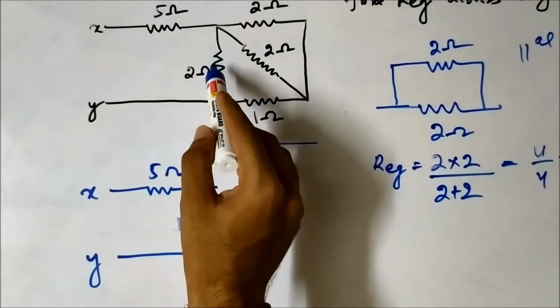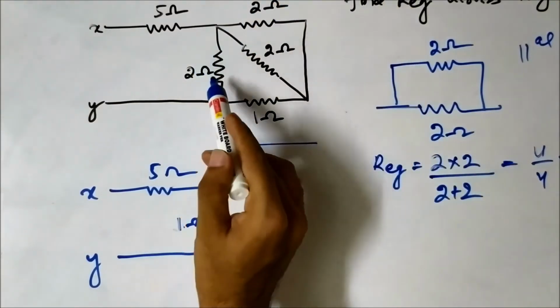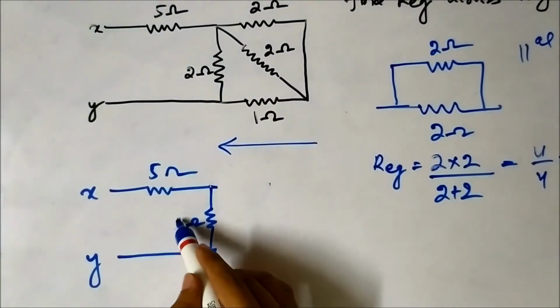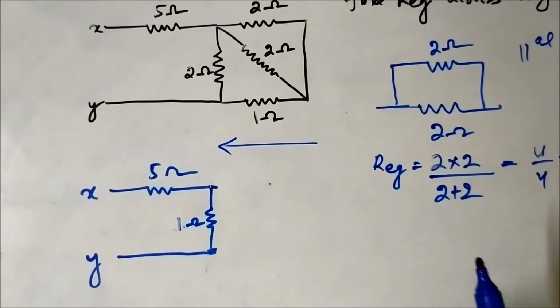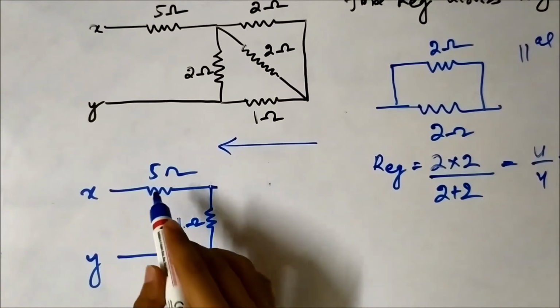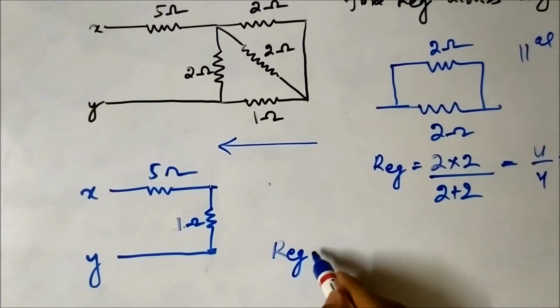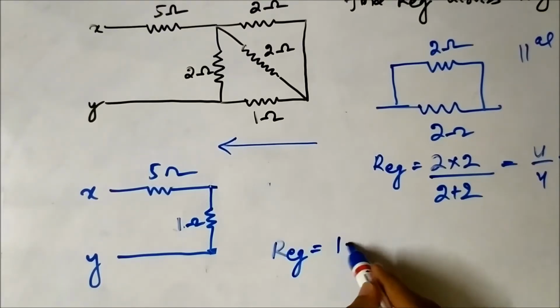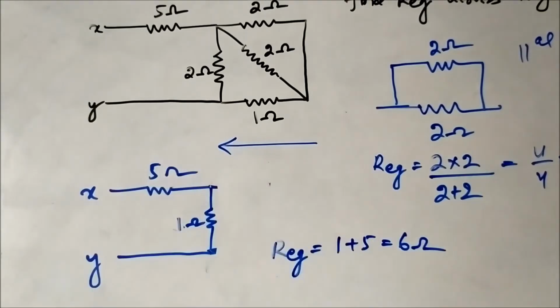Again we calculated the equivalent resistance with 2 ohm, and we calculated this value as 1 ohm. Now as these two resistors are in series, the equivalent resistance will be simply 5 ohm plus 1 ohm, which is 6 ohm. So the total equivalent resistance is 6 ohm.